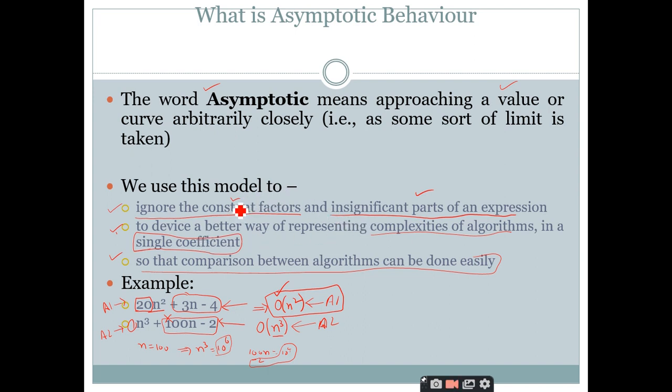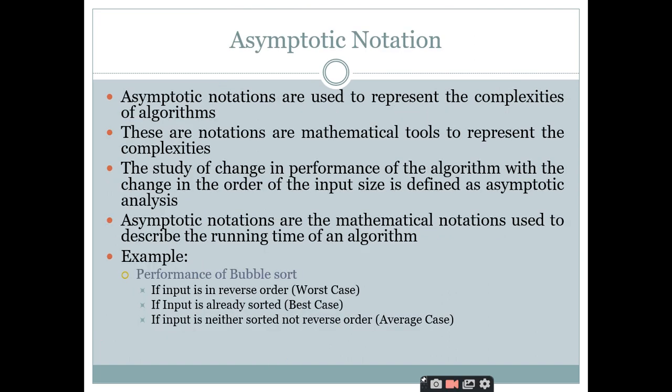Thereby you can neglect the constant factors and insignificant factors, and convert the expression into a single coefficient. Thereby you can efficiently compare the algorithms. Is it clear? Now you might have got a clear idea on why these asymptotic notations are used, right? Yes, sir. Right.